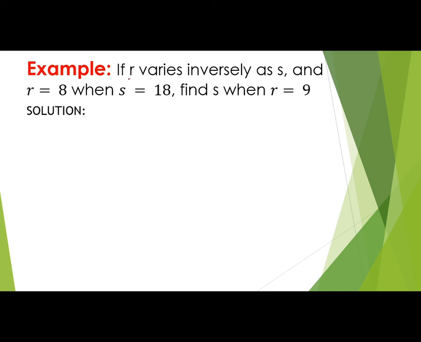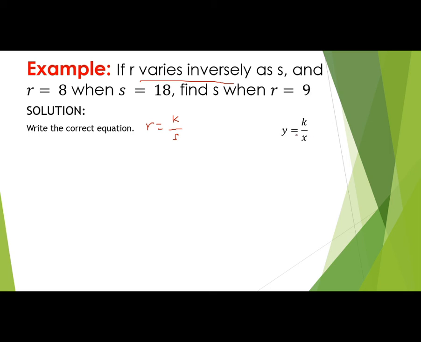So, if r varies inversely as s and r is 8 when s is 18, find s when r is 9. So, varies inversely. So, we use the variable r, r varies inversely as s.